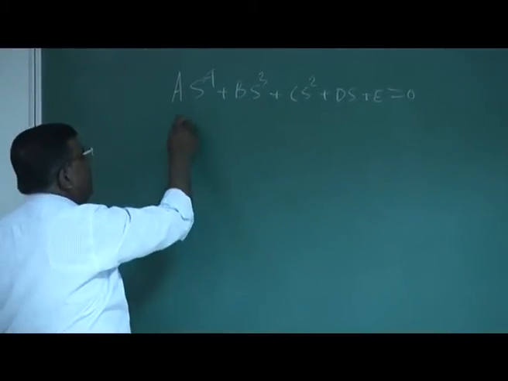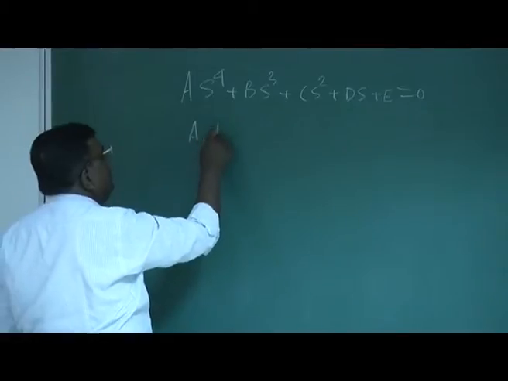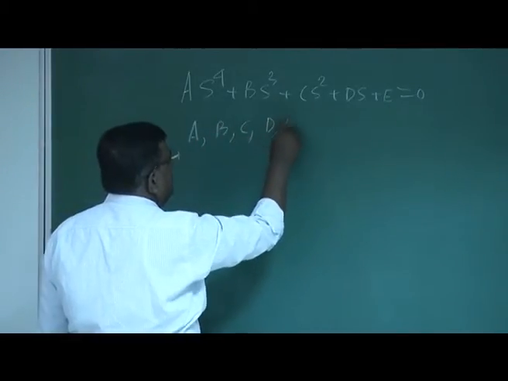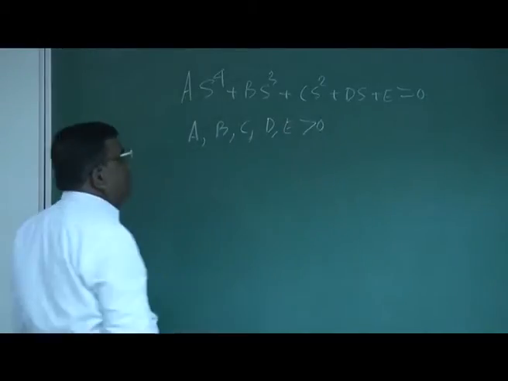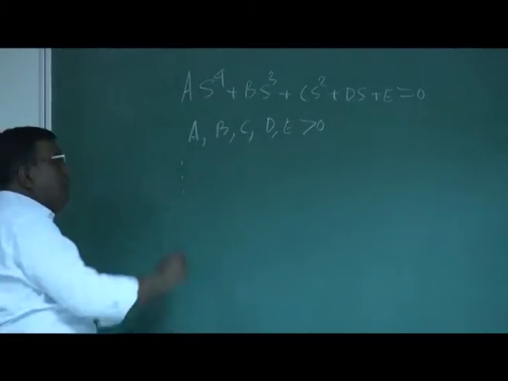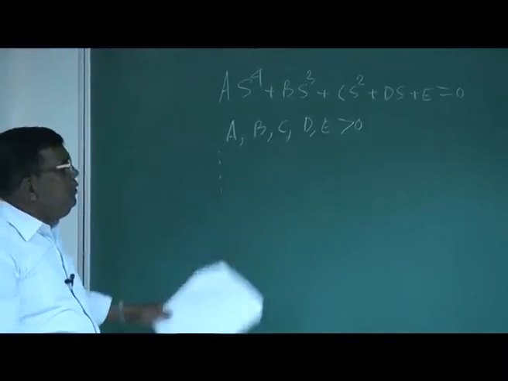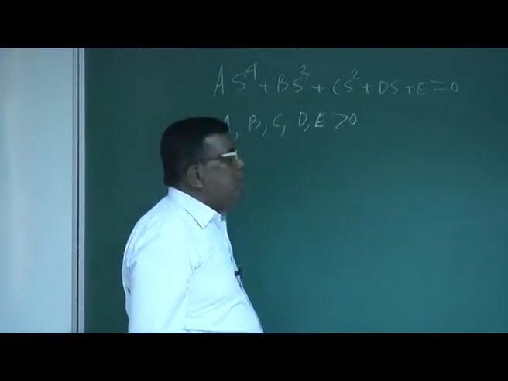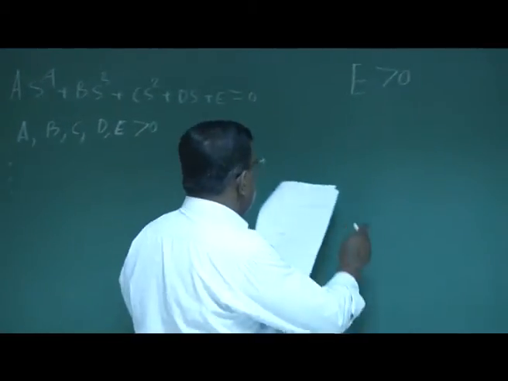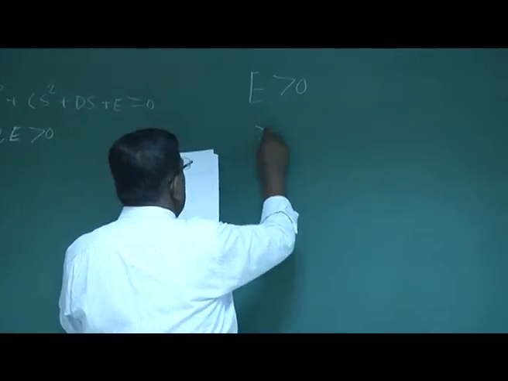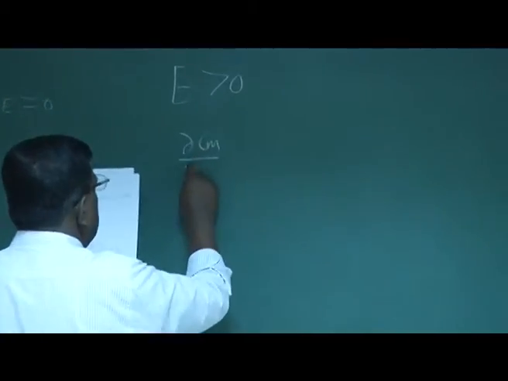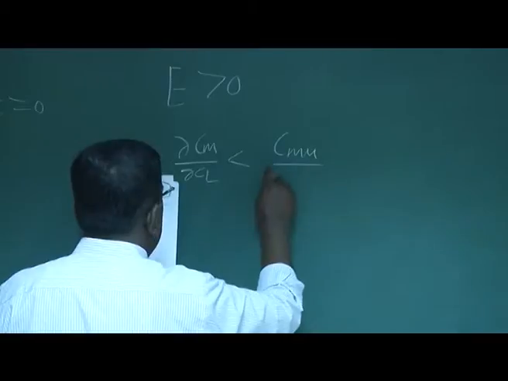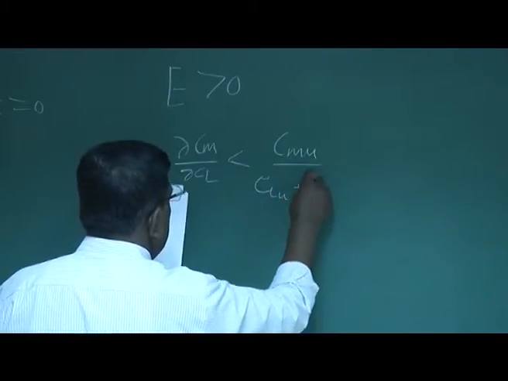And you know from the Routh criteria, one of the conditions to satisfy is that all these coefficients should be greater than 0, and there are other conditions which will come. By using the condition E greater than 0, we got a wonderful relationship: dCm/dCl less than CMU/CLU plus 2CL1.